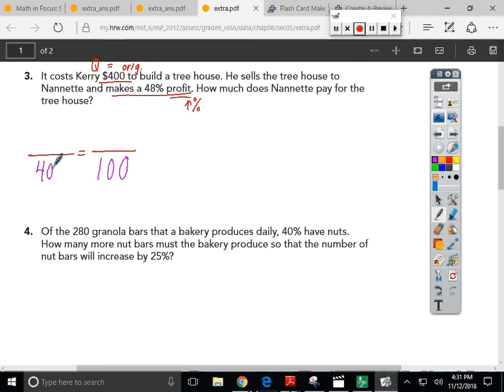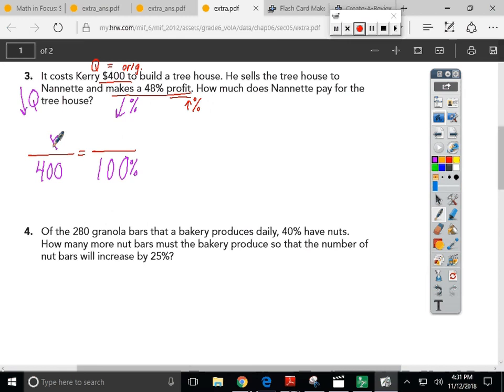The original, if you look at your flip book, tells you that the original quantity goes in the bottom of the first fraction. So it's my denominator of the first fraction. I might show this percent sign over here just so that you notice our quantities are always going to align on the left and our percents are always going to align on the right. It would be really fast for me to plug in this 48. It's not wrong to do that and put your unknown cost, or how much does Nanette pay for the treehouse.